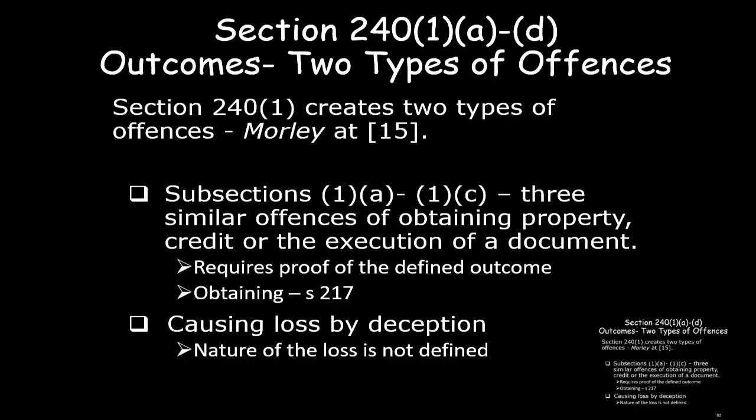You remember in 228, you don't have to prove an outcome. You don't have to prove a benefit was obtained. If you're going to use 240, you've got to actually show some benefit is obtained. Now, obtained has the same meaning as under 217, which includes retained.